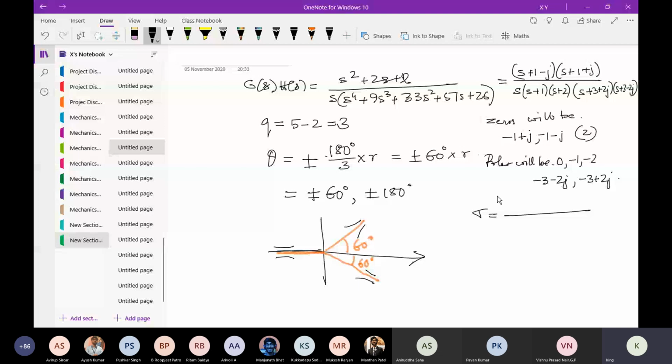So poles are minus 1, minus 2, minus 3 and minus 3, which gives minus 9, and zeros will be minus 1, minus 1, minus 2, divided by the number of poles minus zeros, which is 5. So minus 9 plus 2, minus 7 by 3.